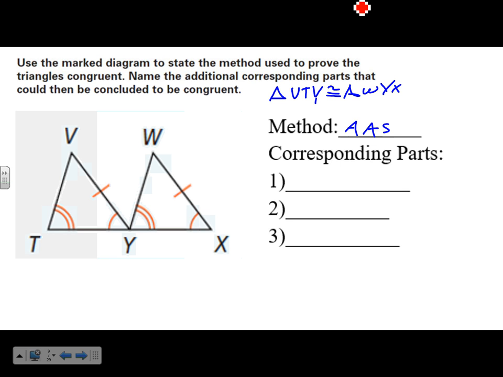So the corresponding parts: I know angle V corresponds with angle W, so they are congruent. I know VT is congruent to YW. And I know TY is congruent to YX.